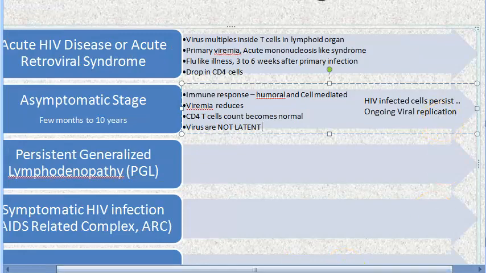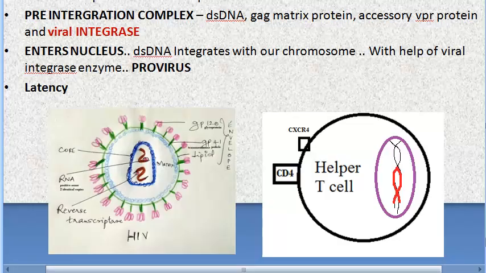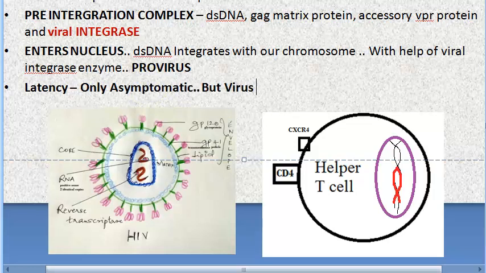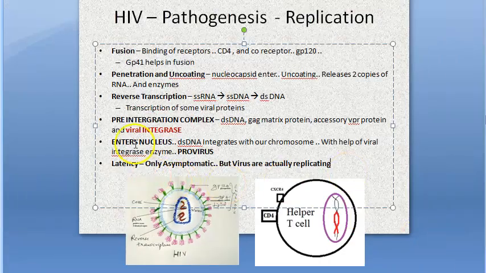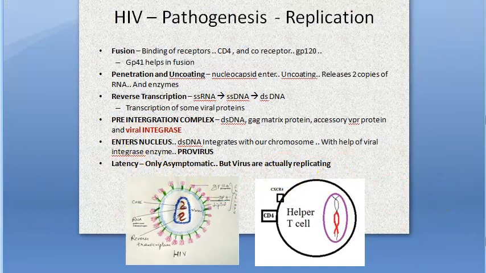Even in the previous stage where we put latent, here, in replication, just put latency only, asymptomatic, but the virus is actually replicating. In this replication, just add that point. This latency doesn't mean that the virus is just sitting in a dormant stage. No, they are replicating.